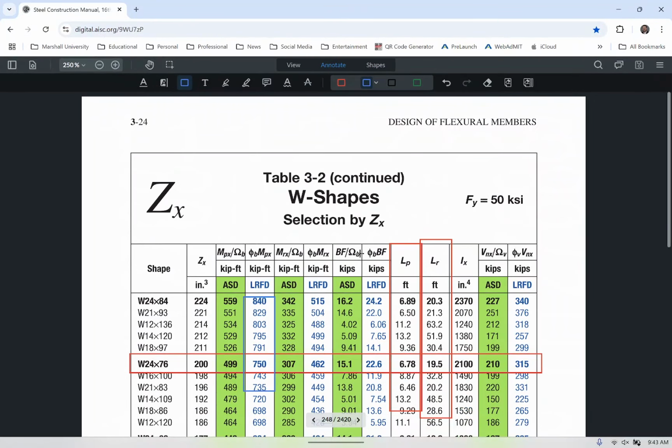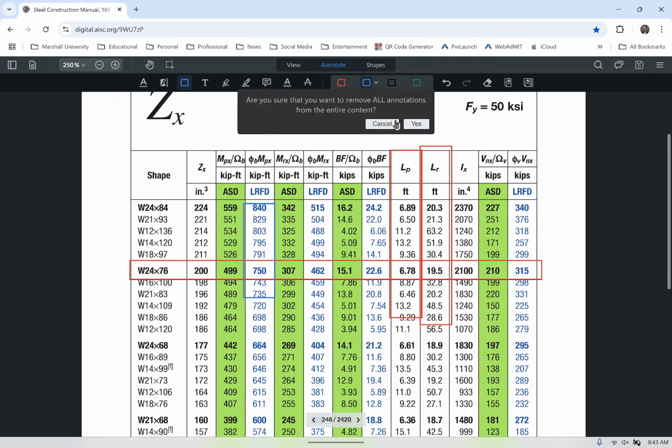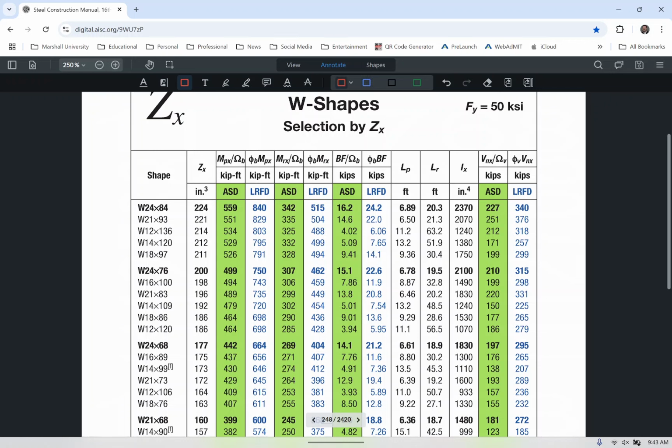Here's how I would answer that. Let me erase all my annotations here. We agree here's the 24 by 76, right? Here's LP and LR. That's going to be the change in X, the difference between the two, right?